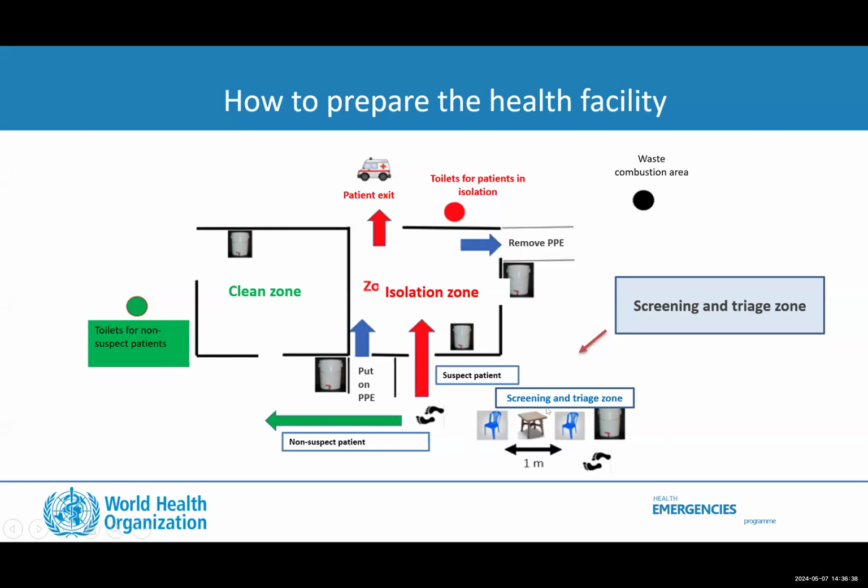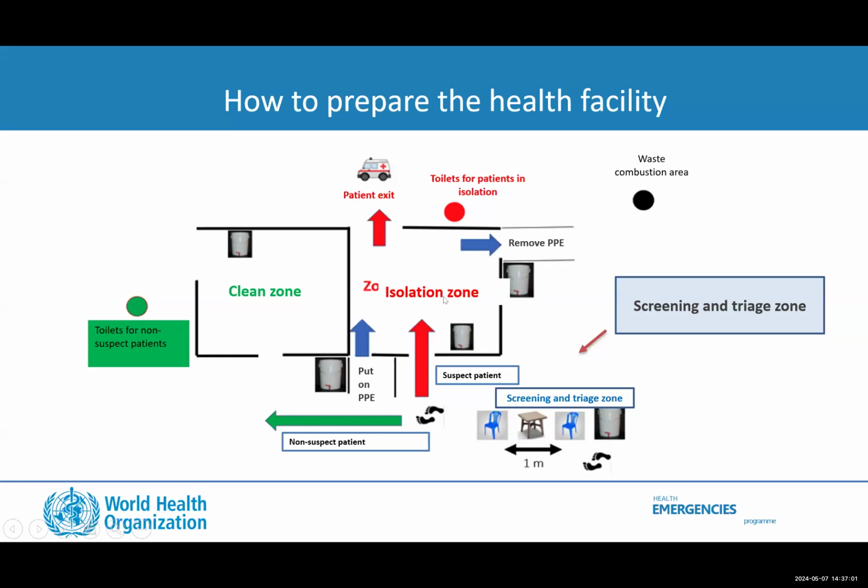But the cases which meet the case definition, yeah, these are the suspected cases. So they have undergone screening and triage. Then they enter the isolation zone. And in this isolation zone, we need to remember that first, we are separating the suspected and the non-suspected, but within the isolation zone, again, we are separating the suspected and the confirmed.